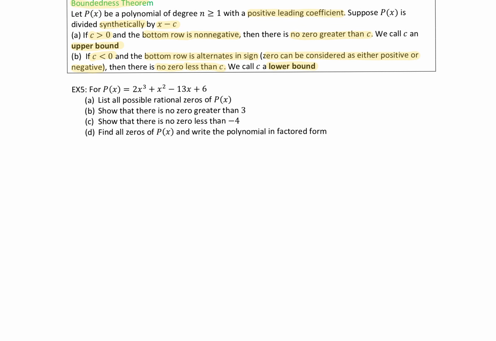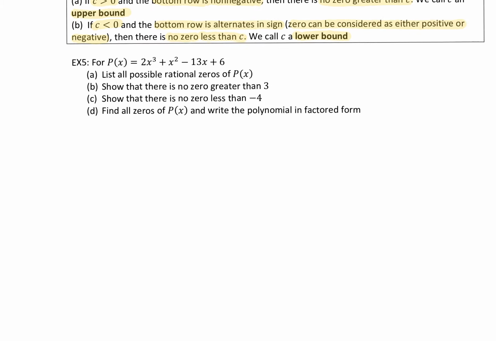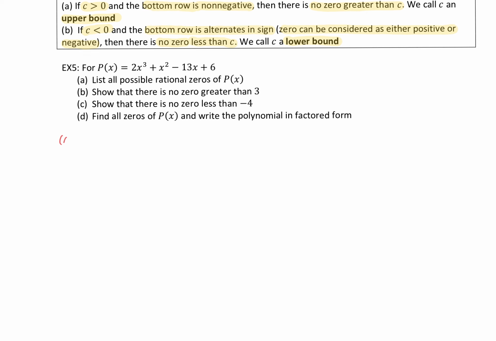Example 5, we have this polynomial 2x to the third plus x squared minus 13x plus 6. And it says list all the possible rational zeros of p of x. Again, we're going to go back to the rational zero theorem. Our a sub 0 is 6.